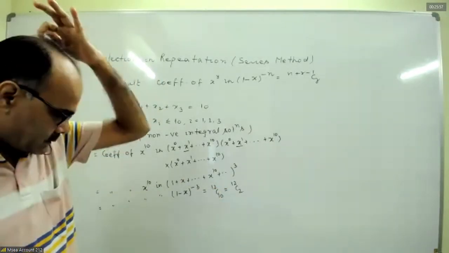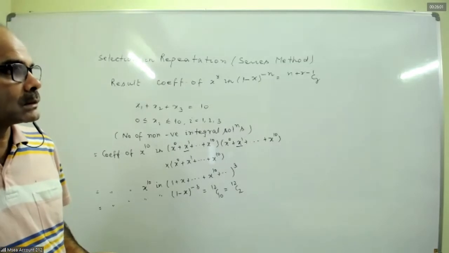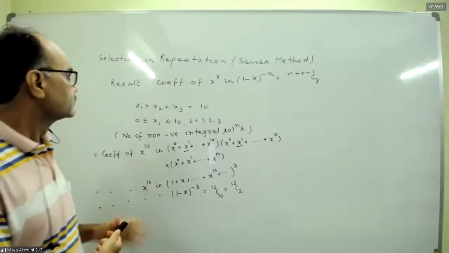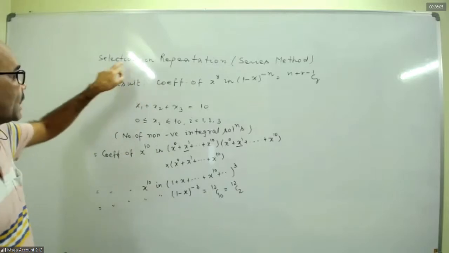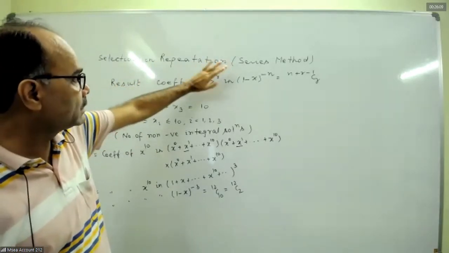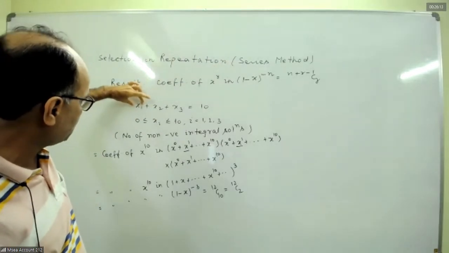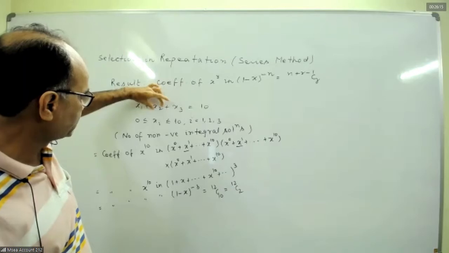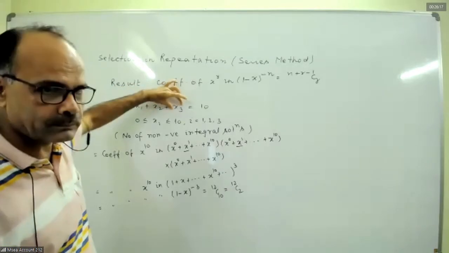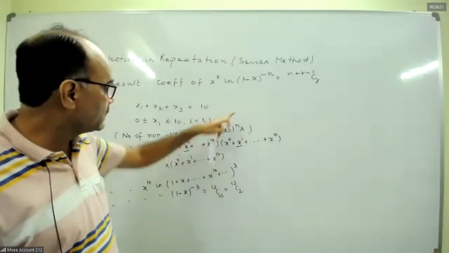12C2, that is 132 by 2, 66. Now, I've written here selection in repetition, series method, when some of the objects are identical among themselves. And we want to select some of the objects. Then we can apply this method.